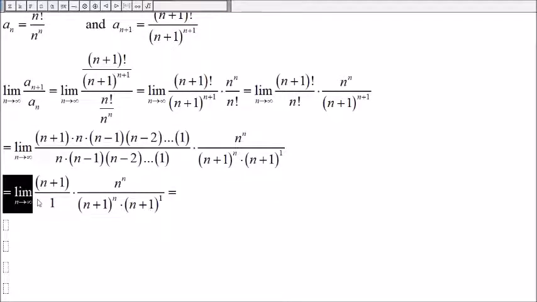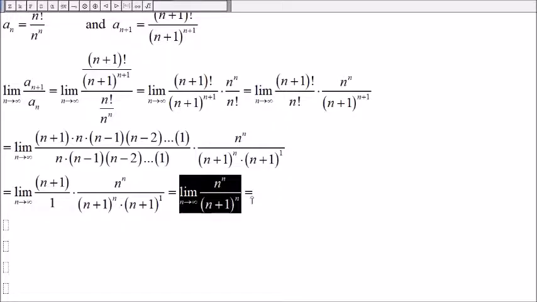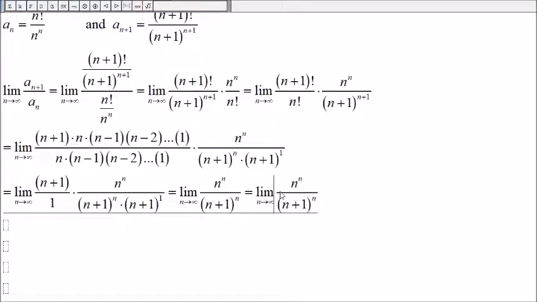So what's left is just this: n to the n, and then (n + 1) to the n. And then we can rewrite this like this.